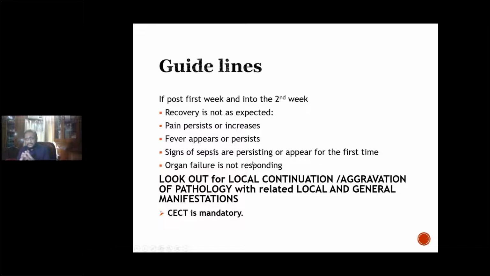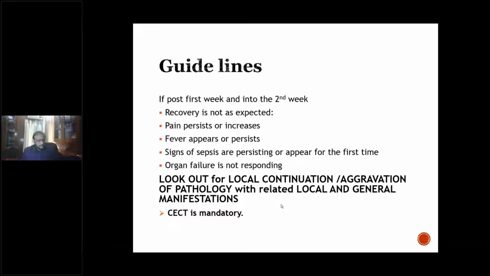If you find any of these in your patient, then you should look out for local continuation or aggravation of pathology, with related local and general manifestations. At that point of time, a CECT, a contrast enhanced CT examination, becomes mandatory.